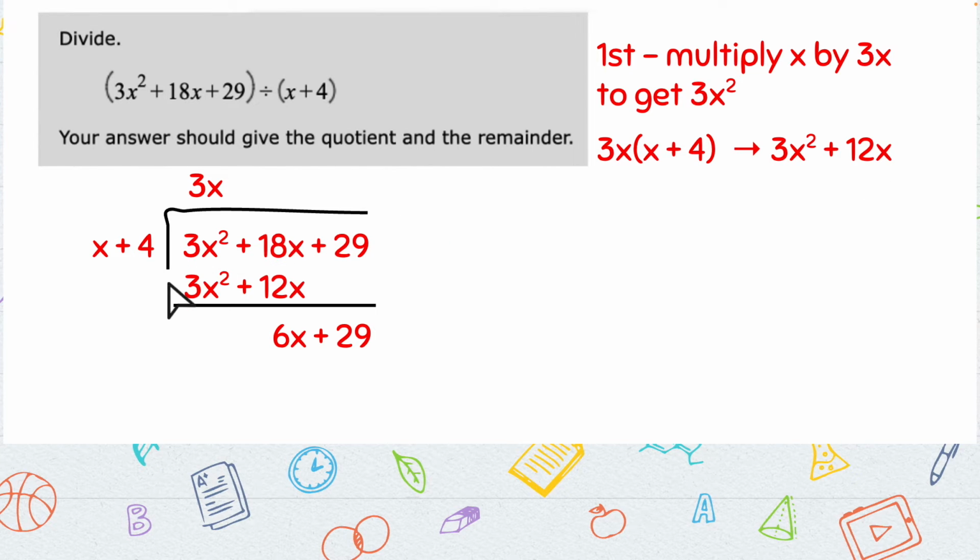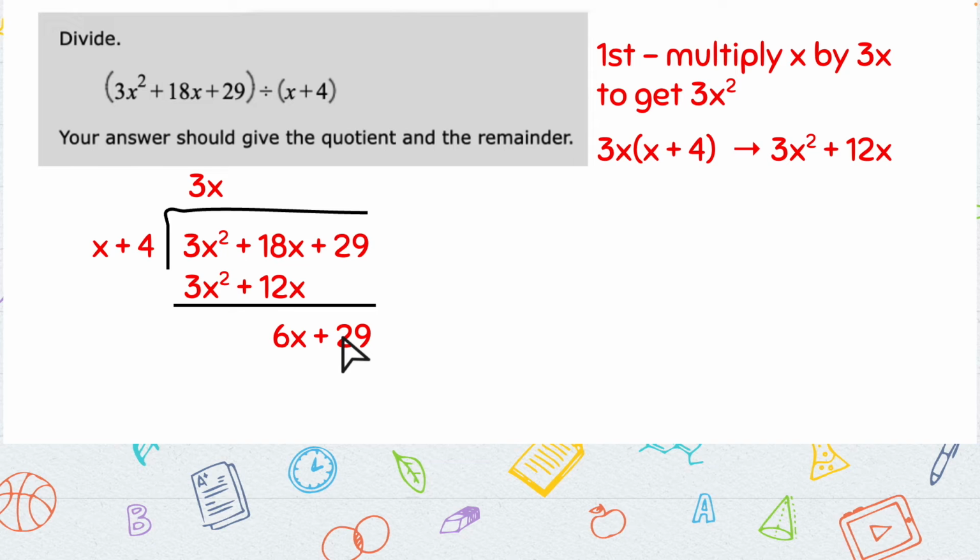So 3x squared minus 3x squared, that cancels out, becomes 0. 18x minus 12x, and I didn't change the signs here. I just remind myself I'm subtracting straight down because it's a division problem. So that's why we have 6 here. We don't add them, we subtract them. And then 29 minus 0 or minus nothing is just 29.